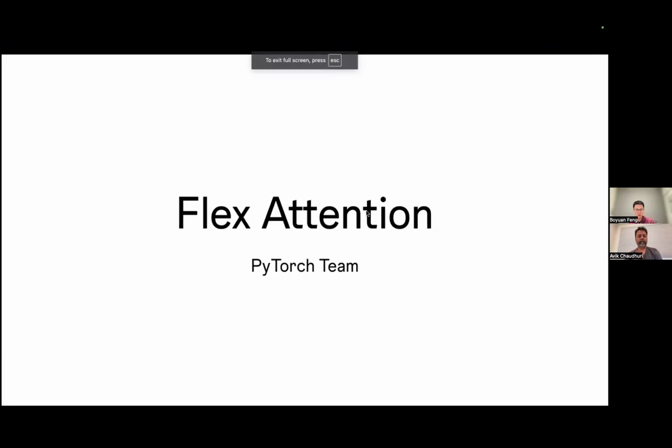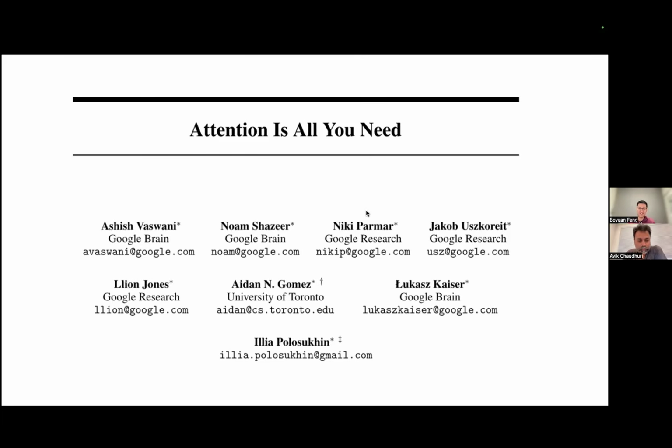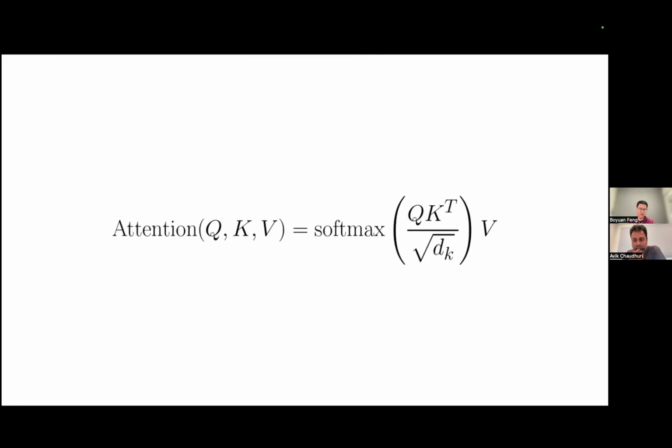Let's start now. Okay, so we all know attention is very important, right? In basic attention, we take the query, key, value, we compute a matmul between q and k, then we have the softmax, and finally multiply with v. This is attention. It accounts for a significant portion of latency for transformers.